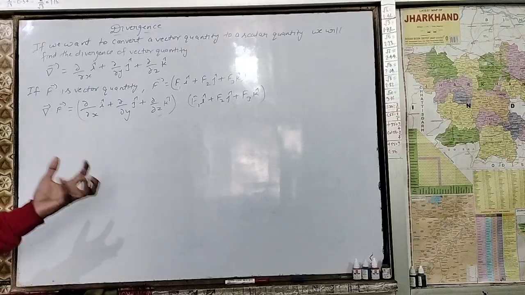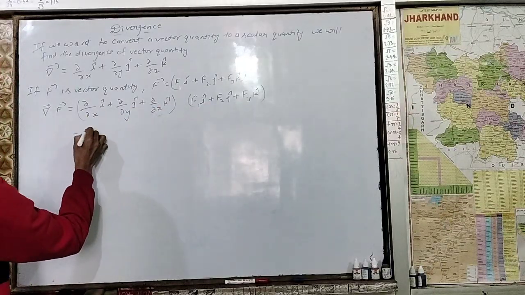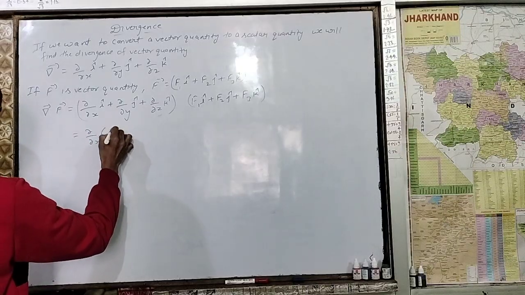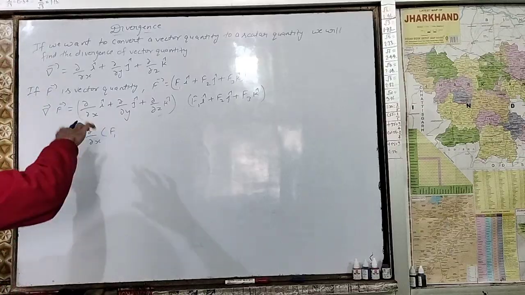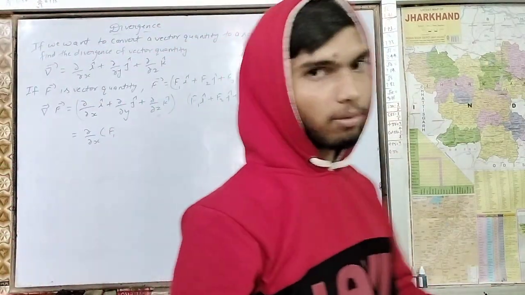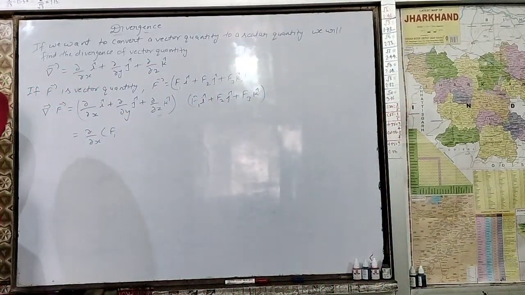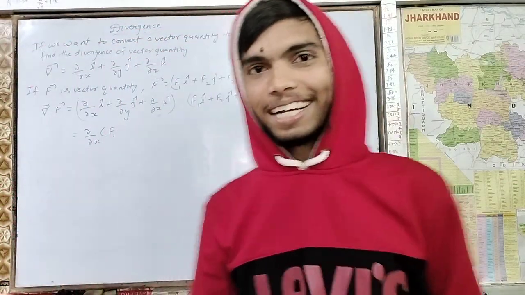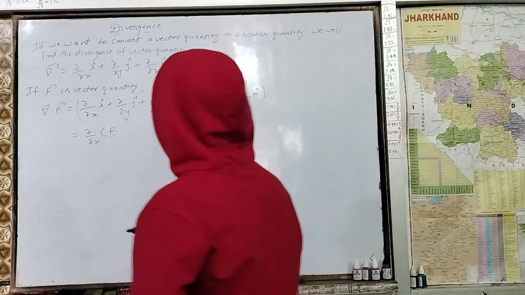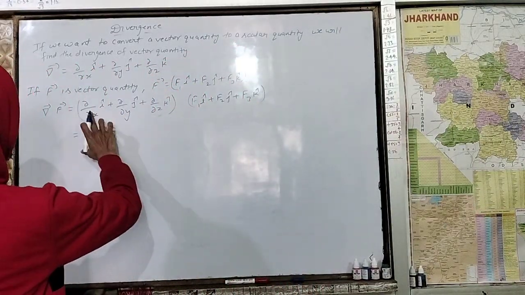Since it is a dot product, just substitute these values. We get d upon dx of f1 i cap, where i dot i is equal to 1, because theta is 0. So this i will become 1.